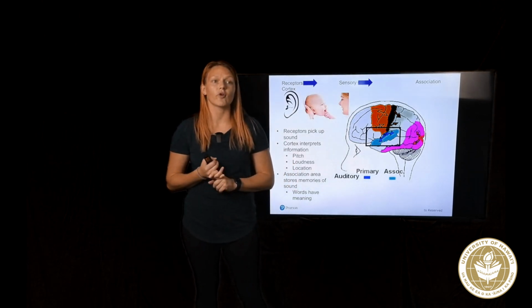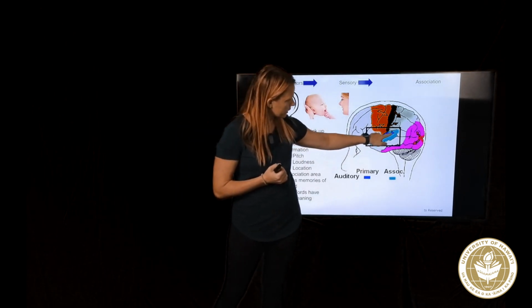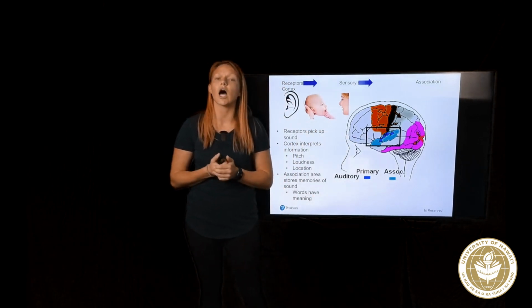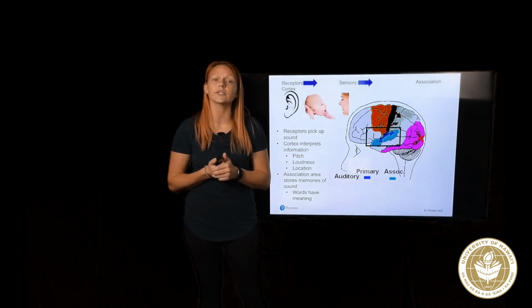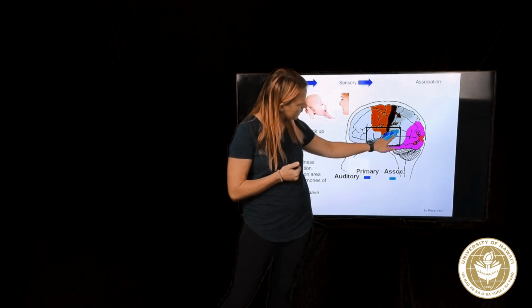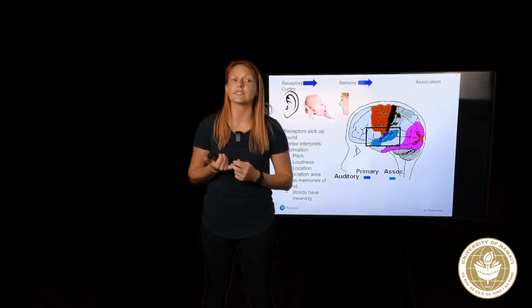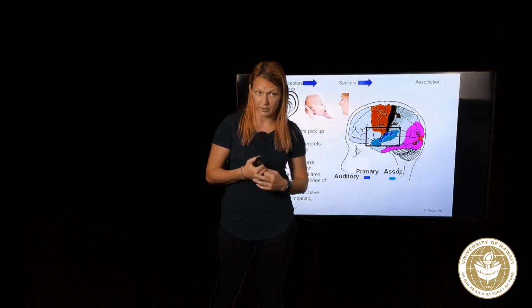So that's going to be that primary auditory cortex, which you see kind of right here in this dark blue. Then we have the auditory association area. This is located posterior to the primary auditory cortex in this teal color. So right here, and it's going to store memories of sounds and permits perception of sound stimulus.